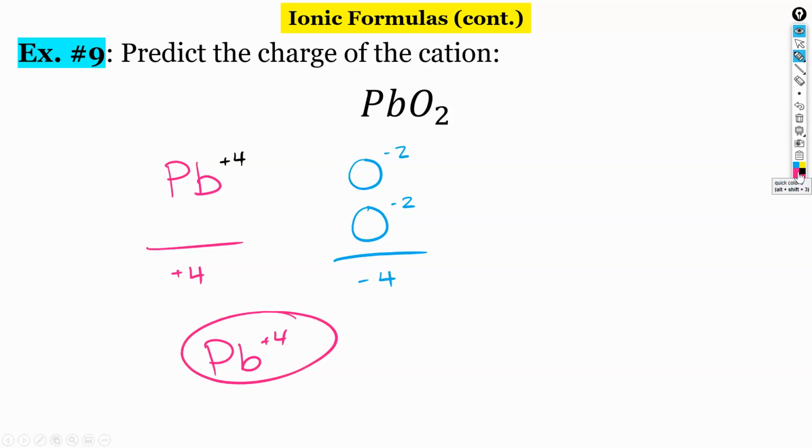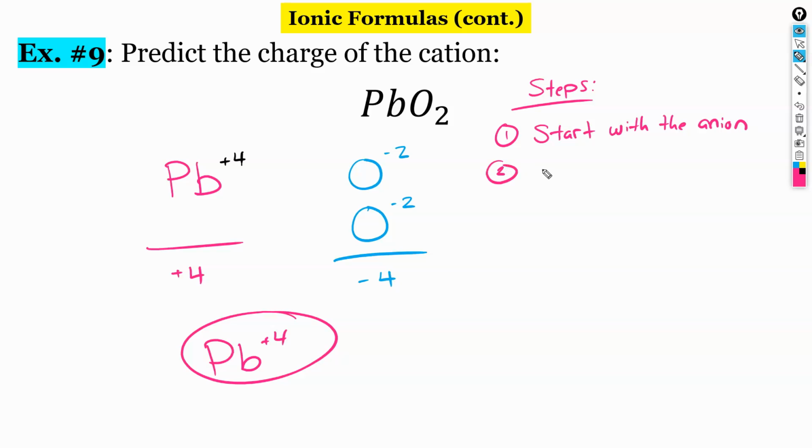Okay, so if you want to add some steps to your notes, step 1 is start with the anion. So we started with oxygen. We figured out its charge because we have to work backwards.